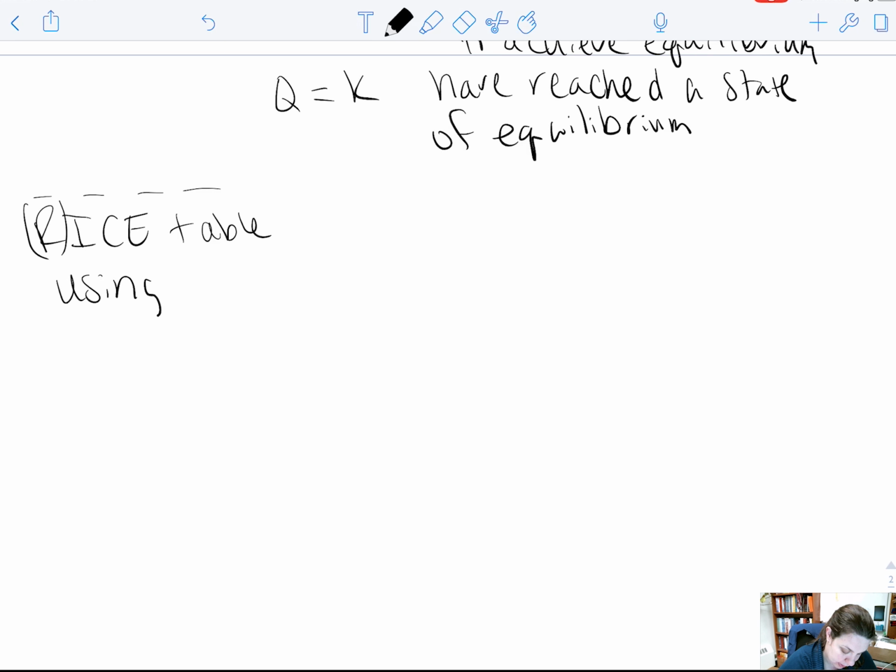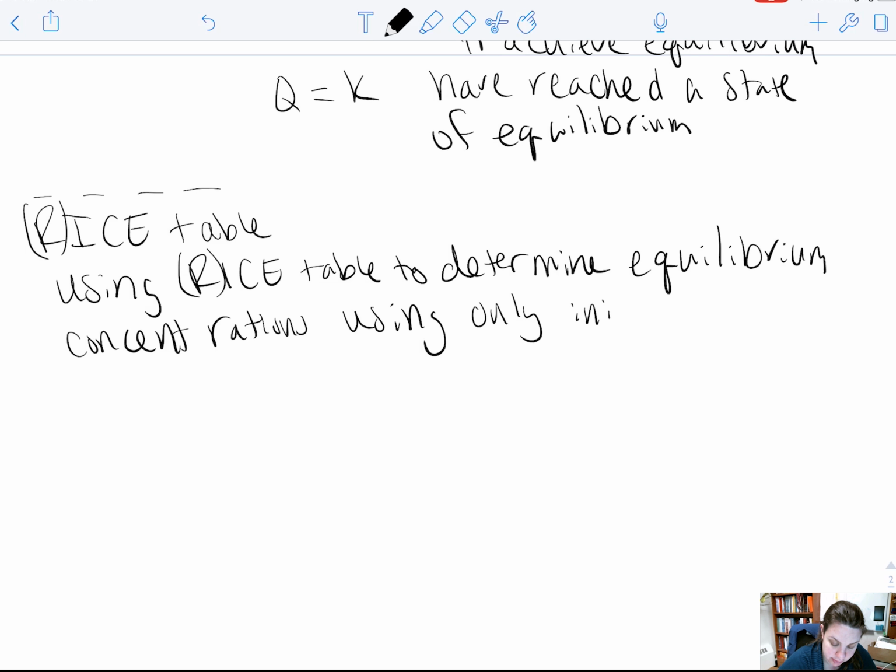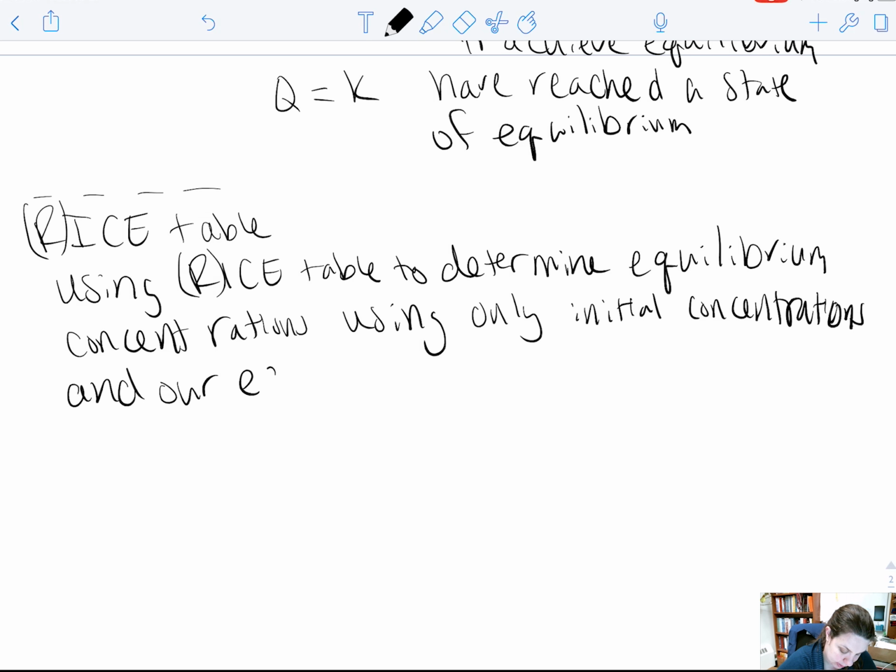So we're going to use the ICE table to determine equilibrium concentrations using only initial concentrations and our equilibrium constant.